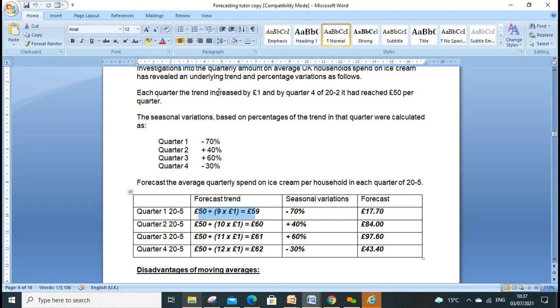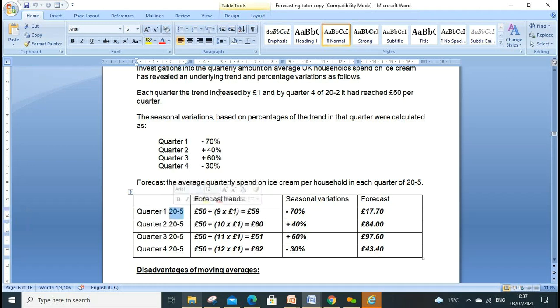Here we've been given an increase by 1 per quarter. Now, if we are in the ninth quarter, they are saying in the following year, 20x5, we're looking at it. So how many quarters do we have until then?